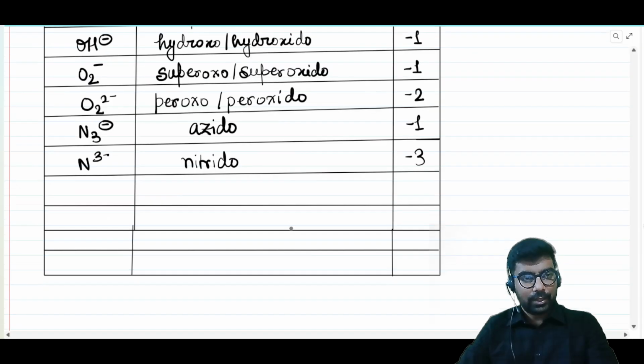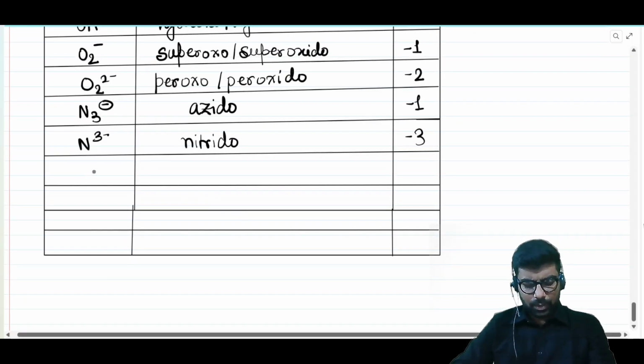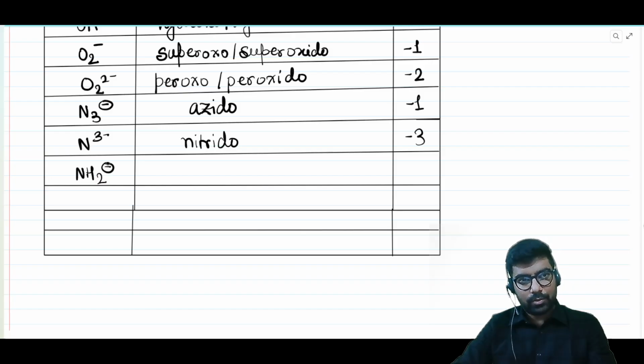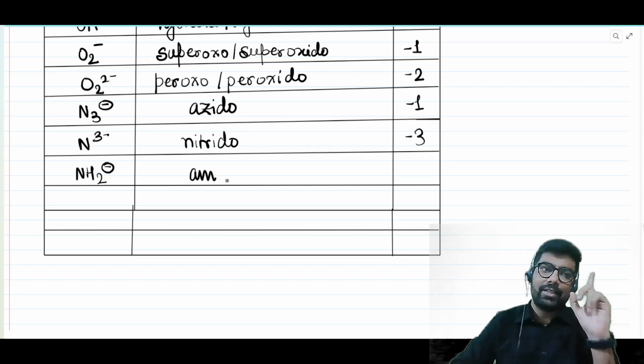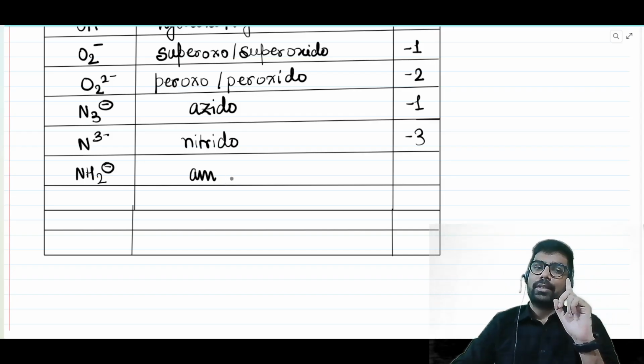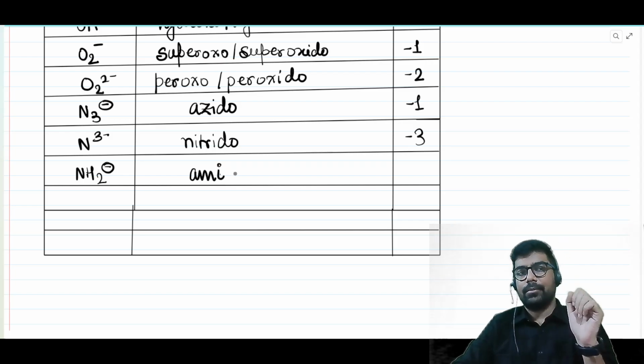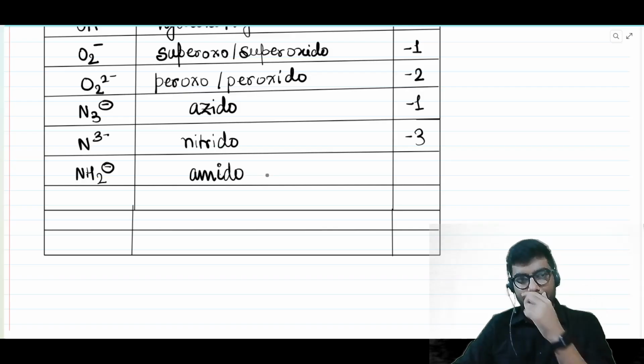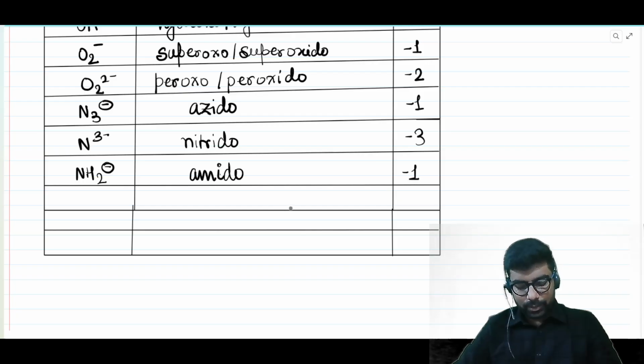We have, let's say, something like NH2 minus. This is amido. Now see, over there only NH3 came to be amine, with a double M. Over here, a single M. This you have to notice. Amido, with an O, we have a -1 charge.